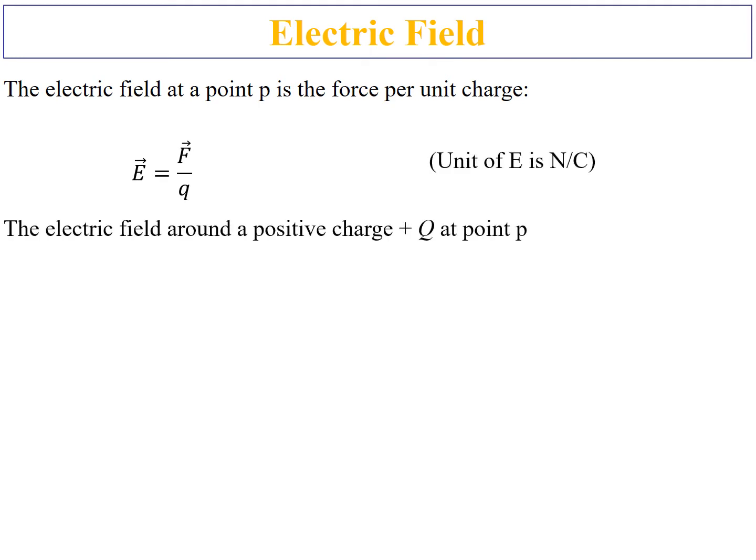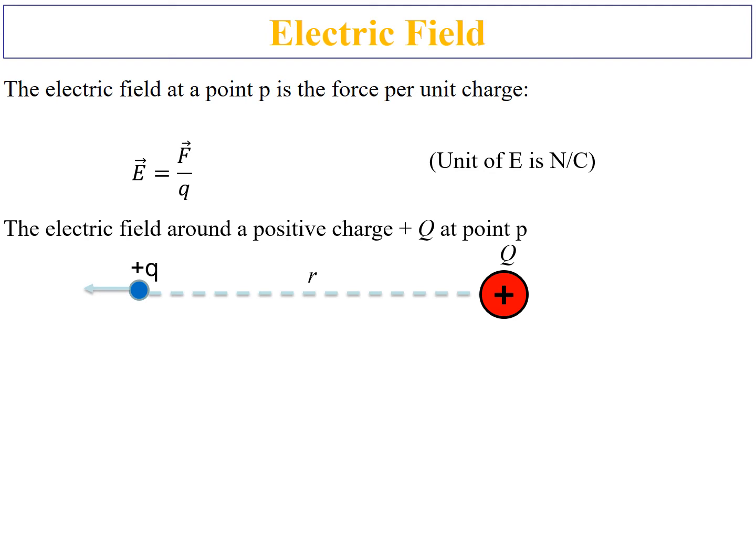The electric field around a positive charge plus Q at point B. If we have a positive charge Q, and at a distance r from it we have the positive test charge plus q, then there will be a repulsive force between big Q and small q.